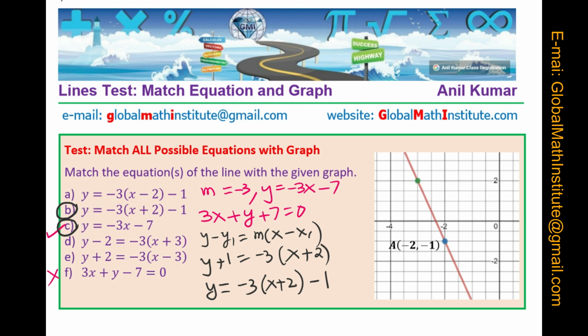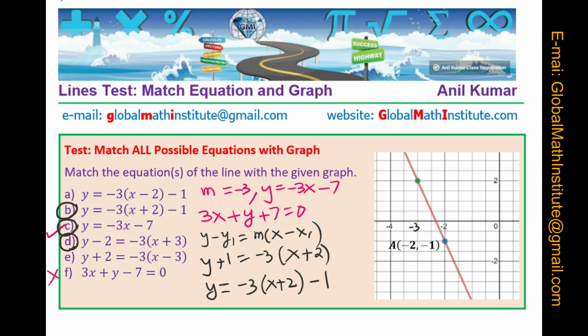Slope being minus 3, right? And we are given this point. Now we are also given the point minus 3, 2. Using the point minus 3, 2, let us substitute minus 3 here in D, right? Let's substitute minus 3 in D. So we get what? We get 0, and 2 minus 2 is 0, so D will also be the correct option.